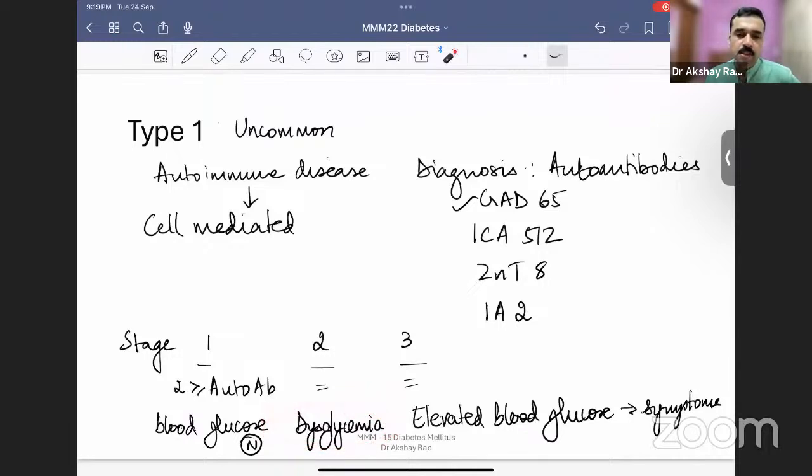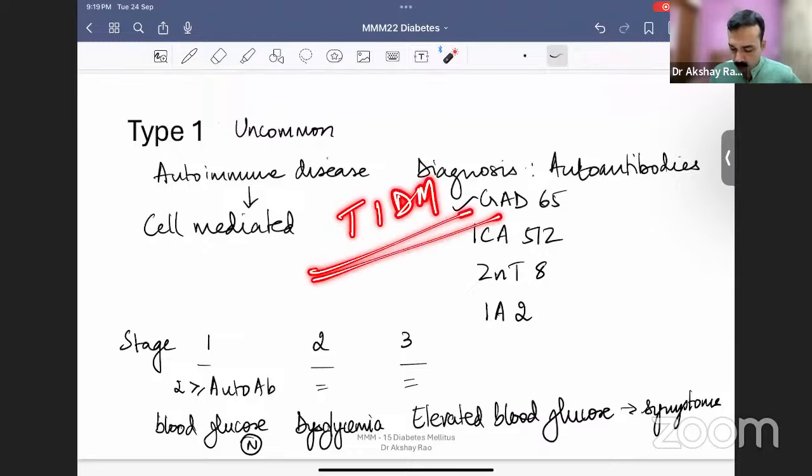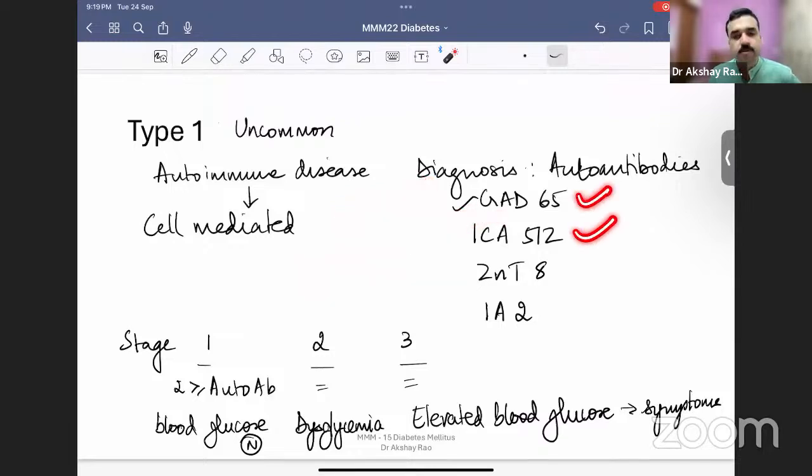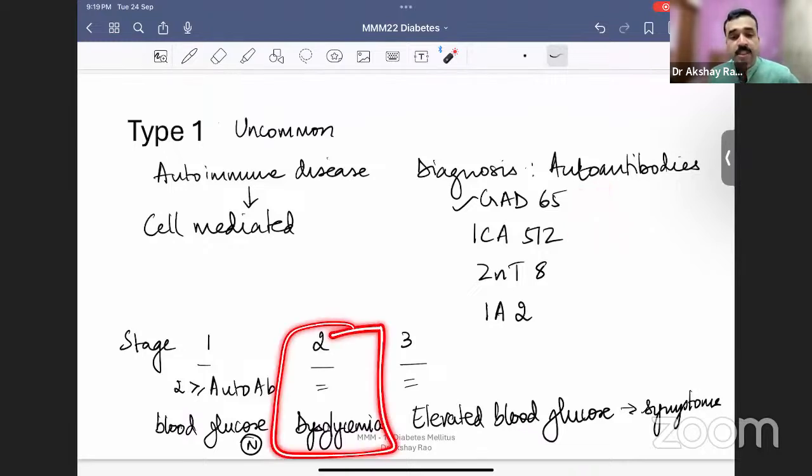Maybe the person is physically active, appearing physically fit, with a healthy lifestyle, and yet during a routine test their blood glucose profile shows that it is not normal, not yet diabetes but in between. Then you suspect whether the person has type 1 diabetes, and you do an autoantibody profile and you get at least 2 positive. You get GAD65 positive, anti-islet cell antibody 512 positive. So now the person will be deemed to have type 1 diabetes stage 2.